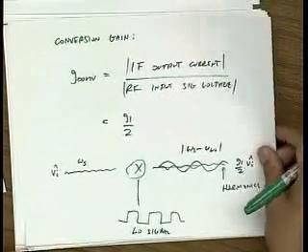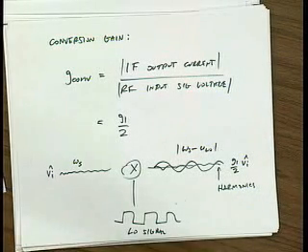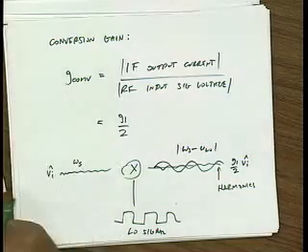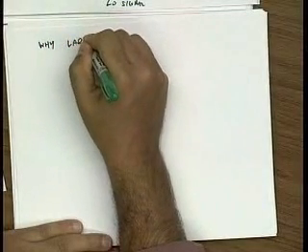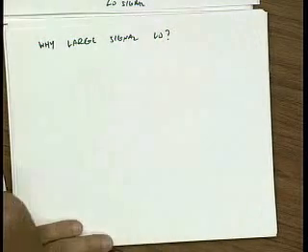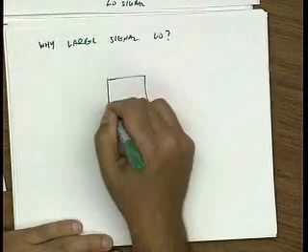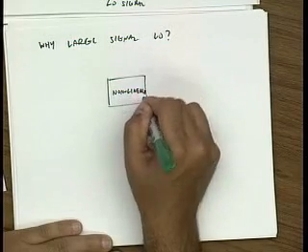Yes? One question. Why does the mixer have to be pumped with large signal oscillators? That's actually a very good question. So why a large signal LO? Well, actually, I can have any arbitrary nonlinearity.